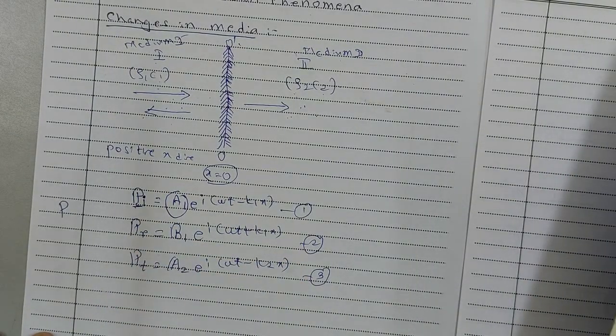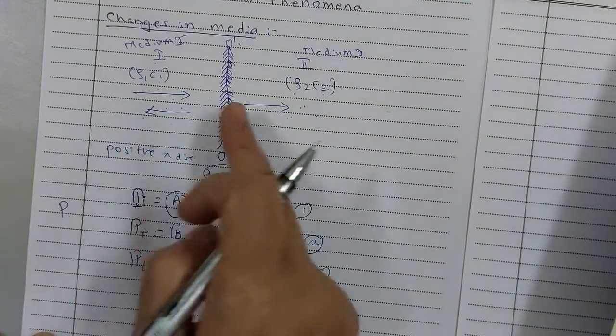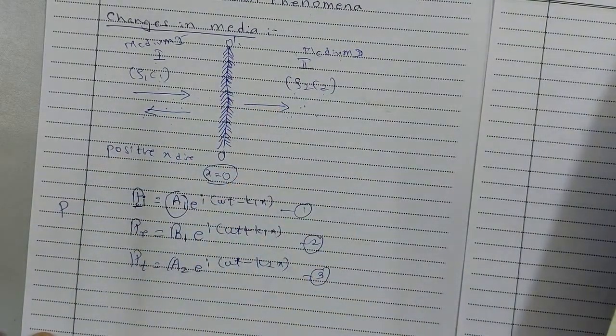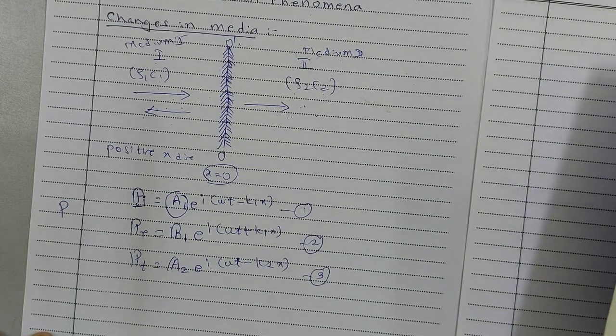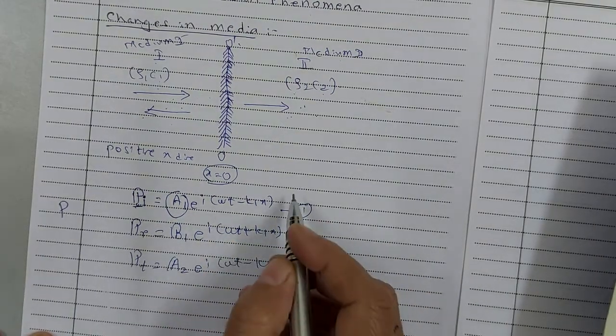Whenever it is going to hit a boundary, because of the phase change, we are going to observe that the e to the power i theta term will consist of a sine term and a cos term using de Moivre's theorem.